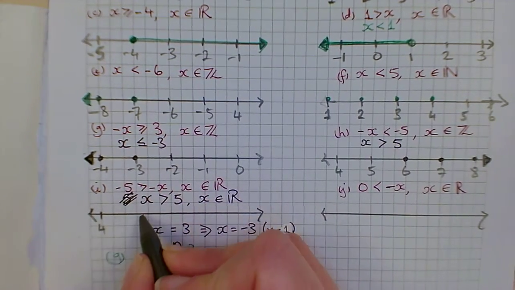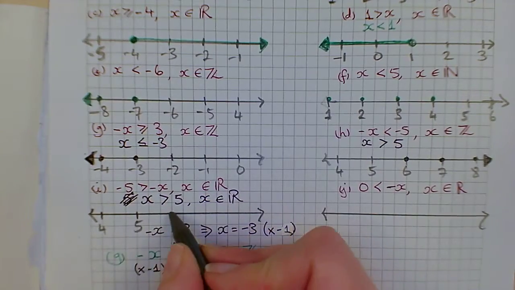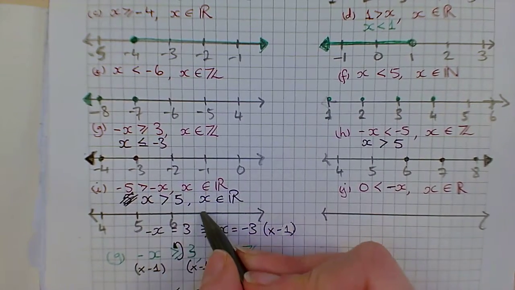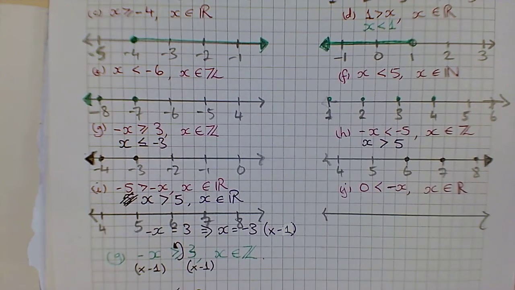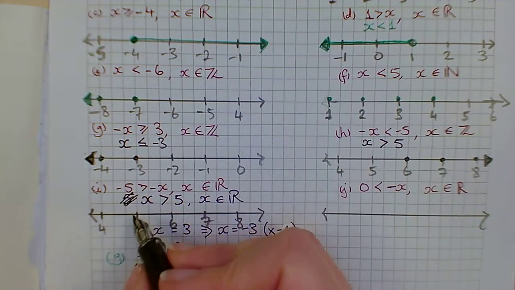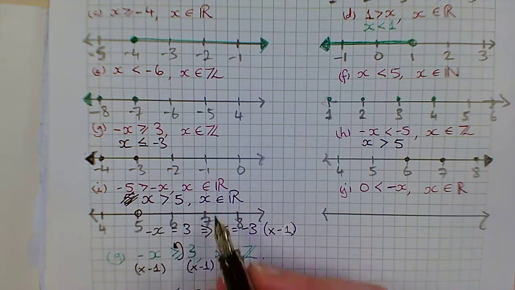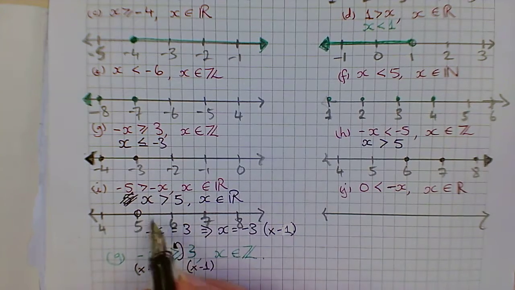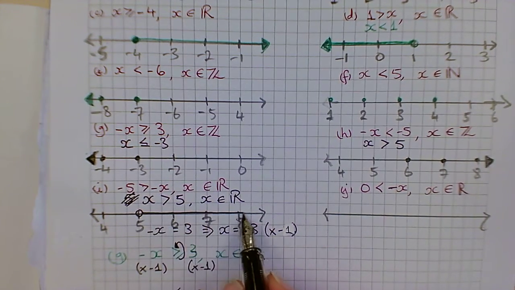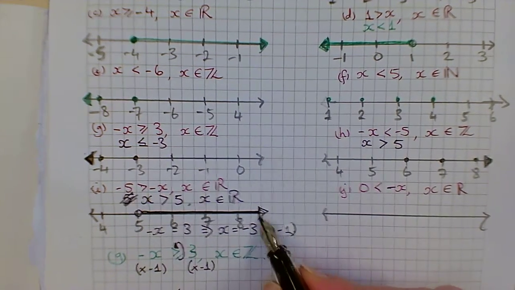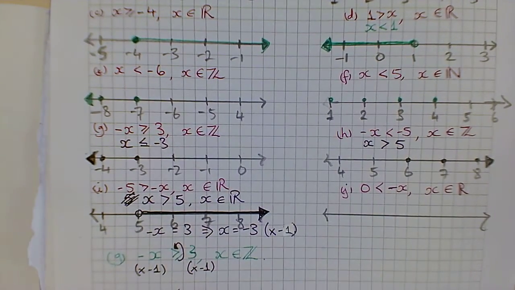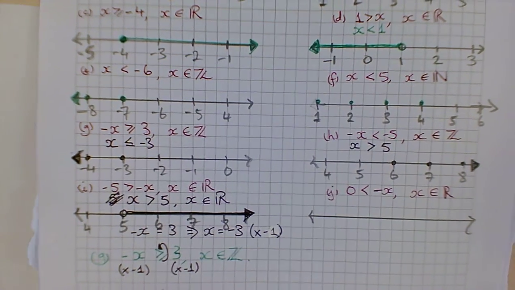Let's start with 4, 5, a bit squished here, sorry, 6, 7, 8. They're real numbers. I can't ever be equal to 5, so I put an empty circle on 5, and I'm going in this direction. So I colour in the line of the numbers bigger than 5, and colour in my arrow as well to indicate that I'm going on forever in this direction.